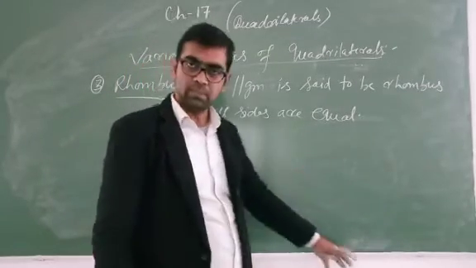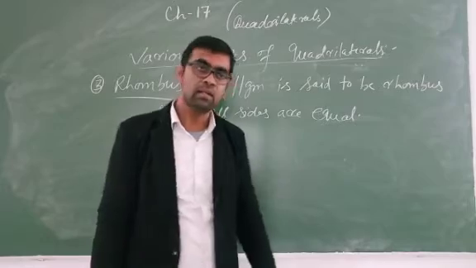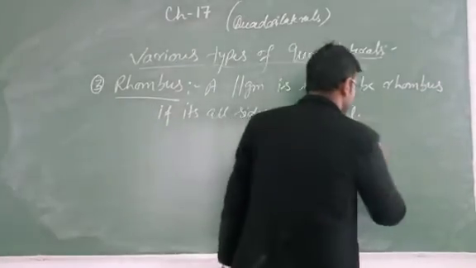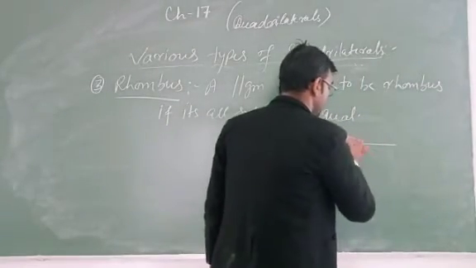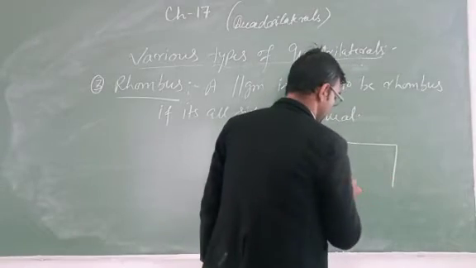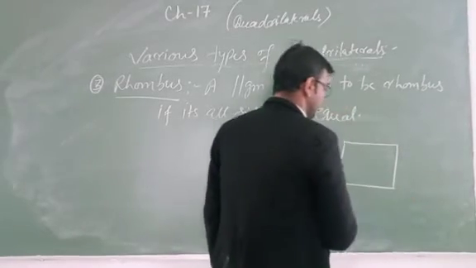You know a parallelogram is one in which opposite sides are parallel. So a parallelogram is said to be a rhombus if all of its sides are equal.